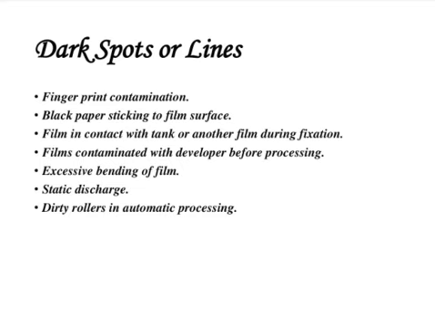Films contaminated with developer before processing: if you accidentally spilled some developer before the processing was started, then in those areas you get dark spots. Excessive bending of the film: you get to see a dark straight line at one of the corners of the film.